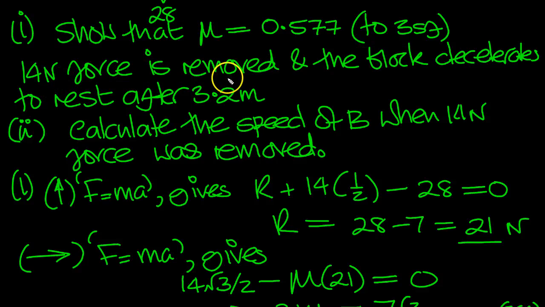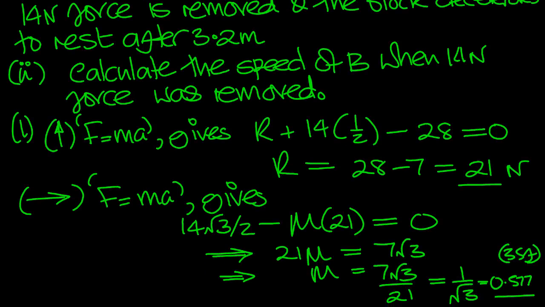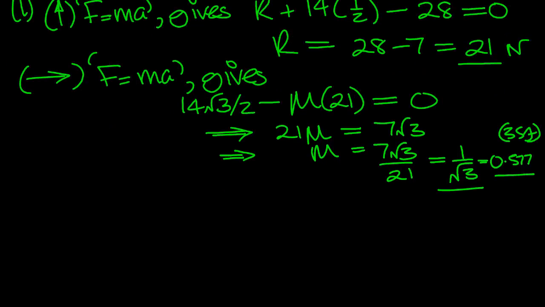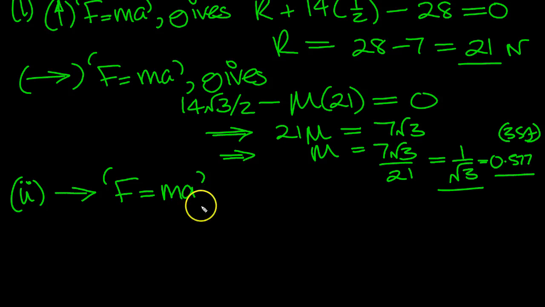The 14 Newton force is removed and the block decelerates to rest after 3.2 meters. Calculate the speed of B when the 14 Newton force was removed. So part 2 then. So let's apply F equals ma horizontally. Now the 14 Newton force is removed.